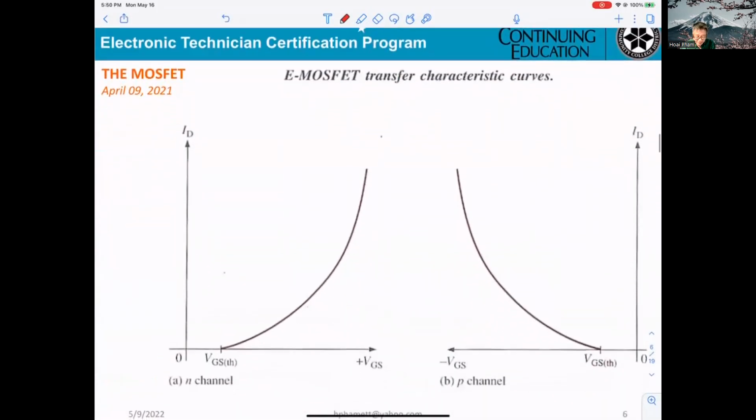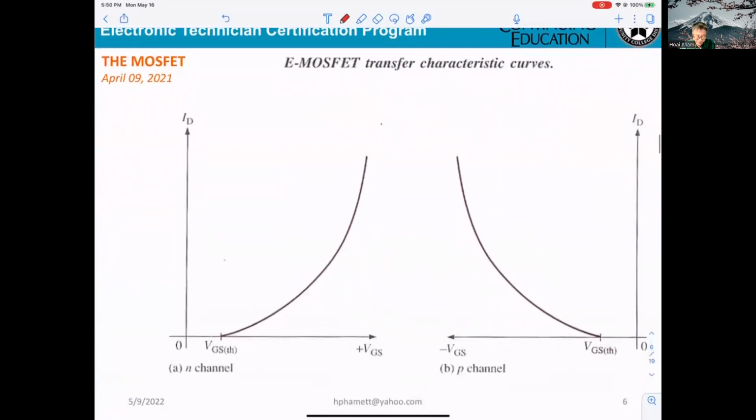Okay. Now we go to E-MOSFET transfer characteristic curve. You can see they're different from JFET and D-MOSFET.